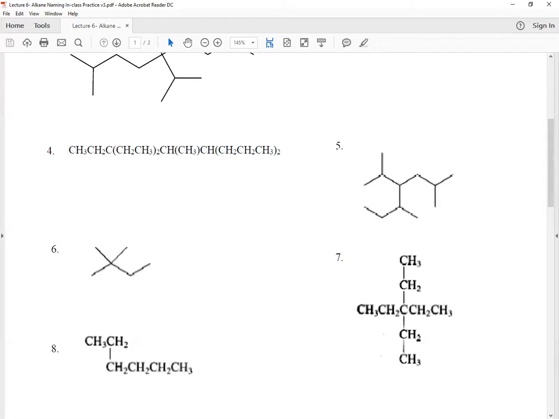Then what? M comes before P, right? So 4-methyl. And then 5-propyl nonane. Nope, not nonane. It's octane. 8 carbon chain. Do we feel good about that one?